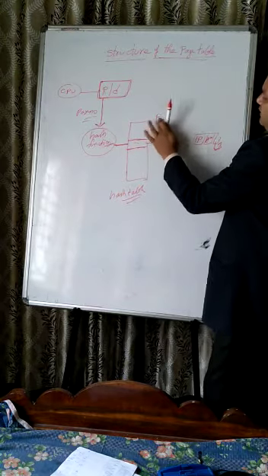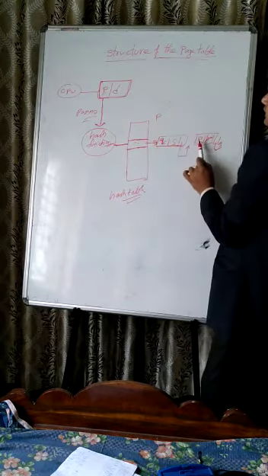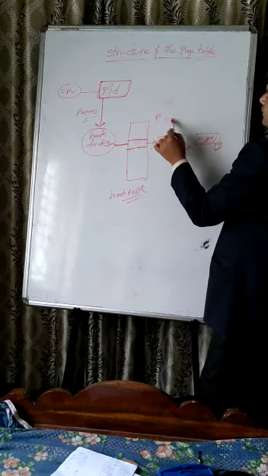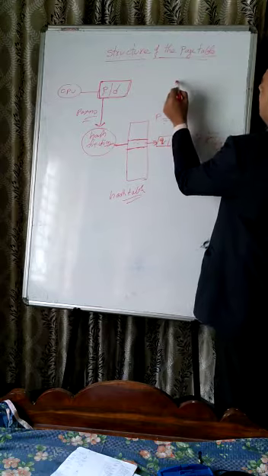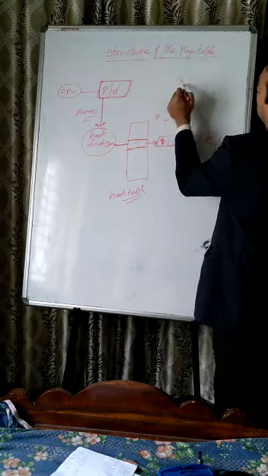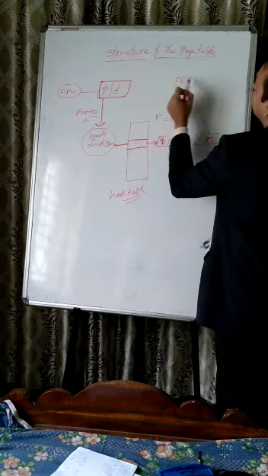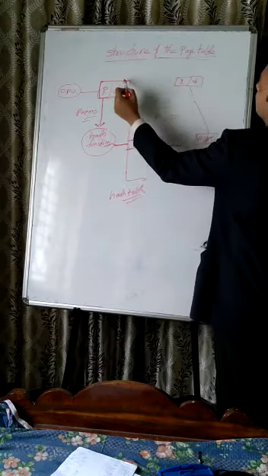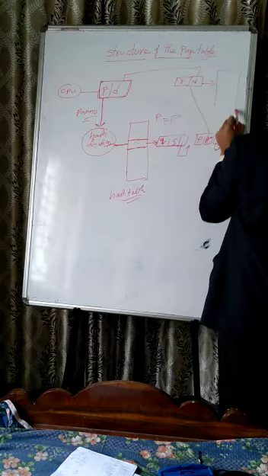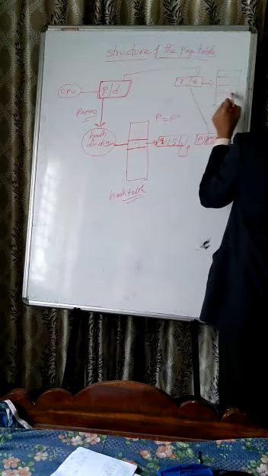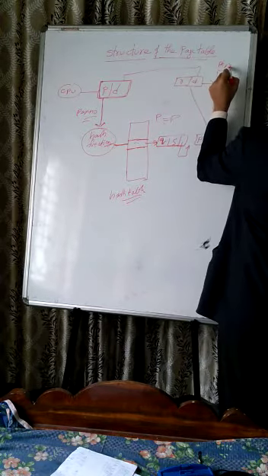Then P is checked with P here, the second entry in the linked list. True. Then this will give R. This is the frame number. The offset is added, and this will give the physical memory address.